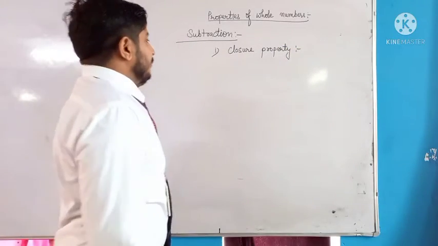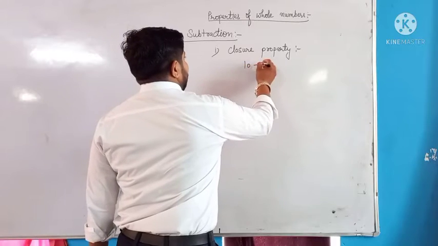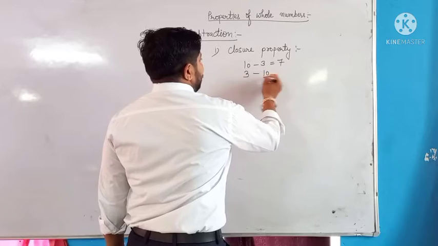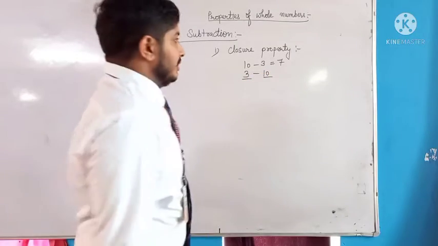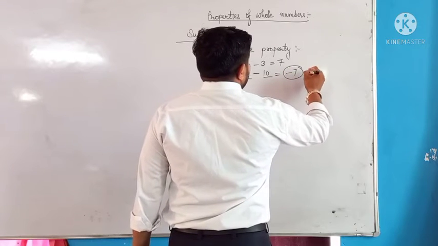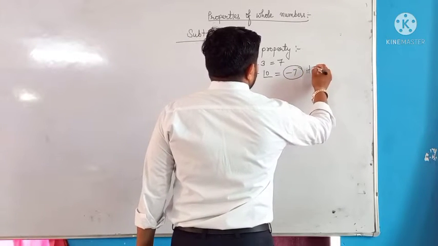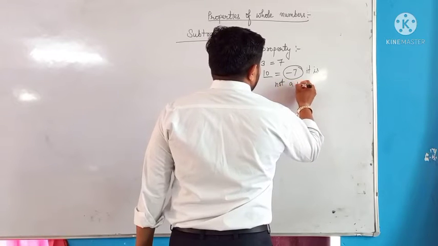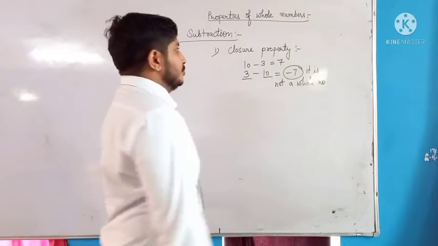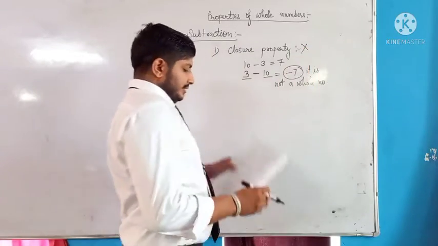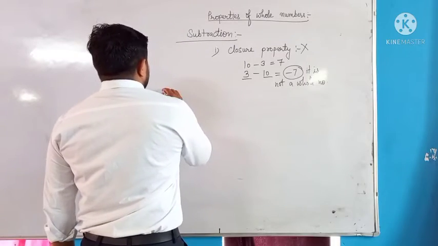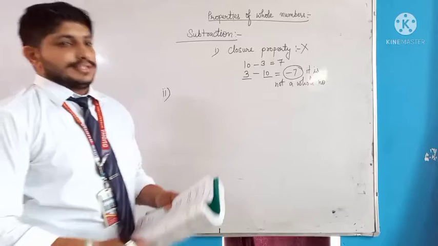Closure property. If we subtract any two whole numbers, beta, 10 minus 3, then the answer comes 7. But if we write 3 minus 10, both are also whole numbers, then our answer comes minus 7. And minus 7 is not a whole number, beta. Not a whole number. Yes or no? So this property is not satisfied. Or we also can say that this property is not closed under the operation subtraction.